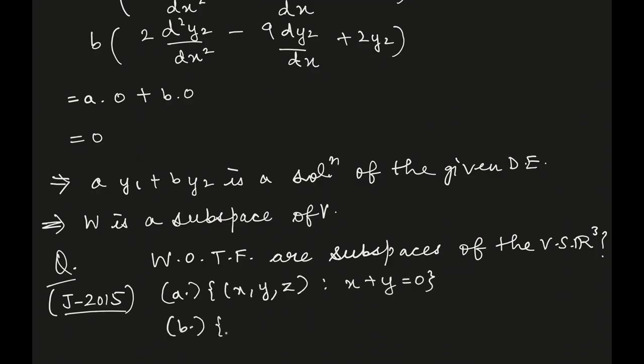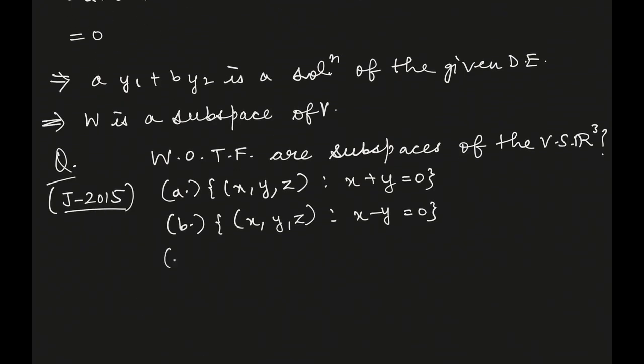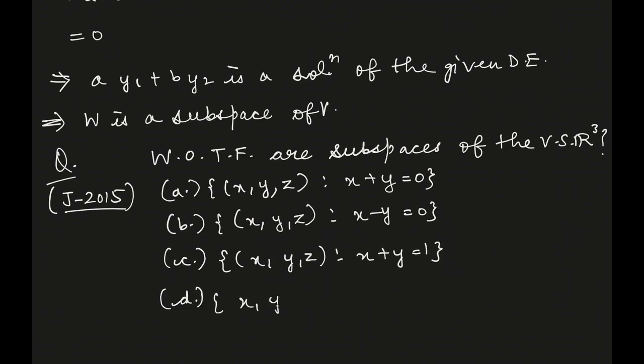B part: x, y, z such that x minus y is 0. C part: x, y, z such that x plus y is 1. D part: x, y, z such that x minus y is 1. This is part C.